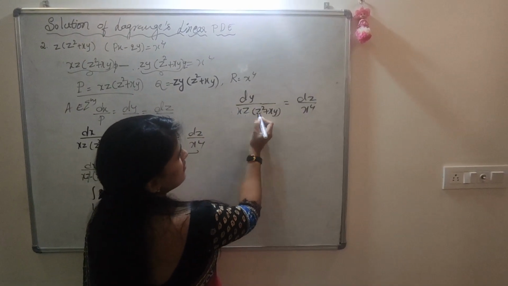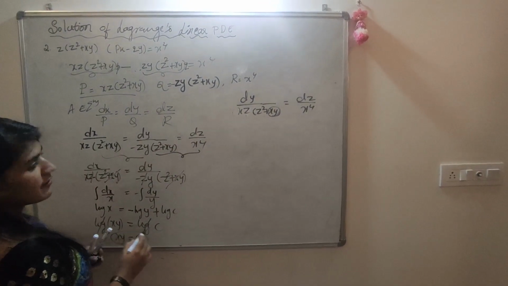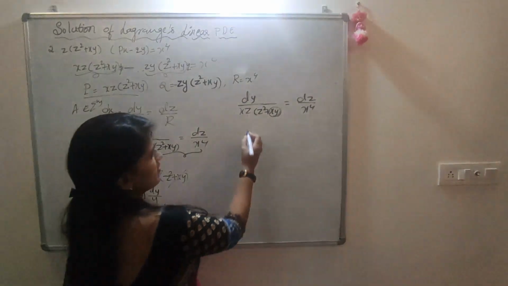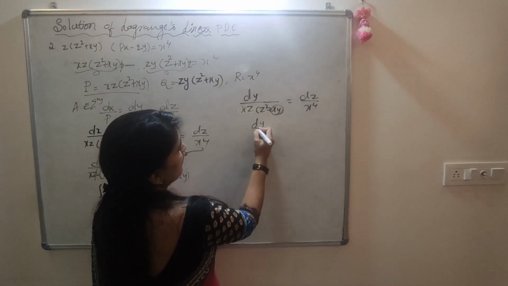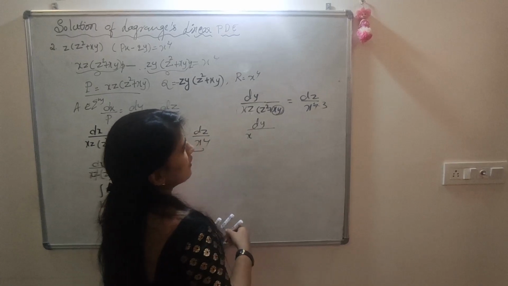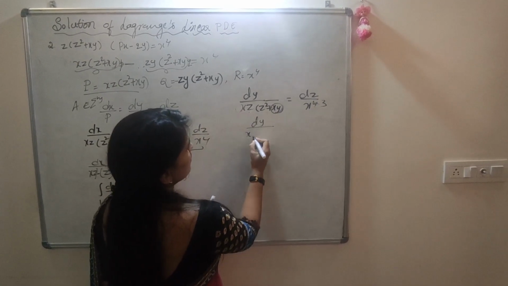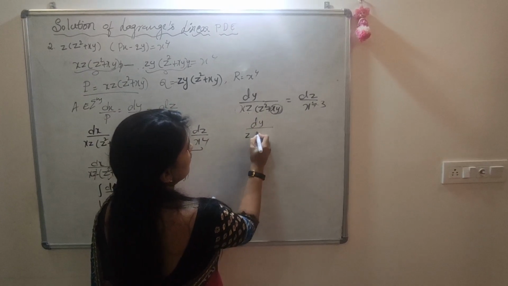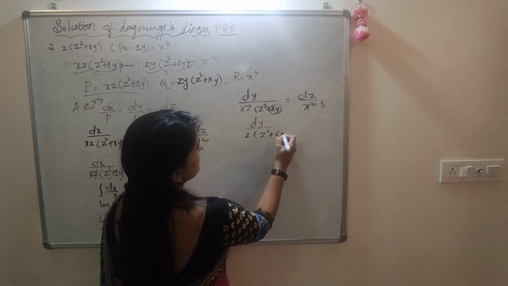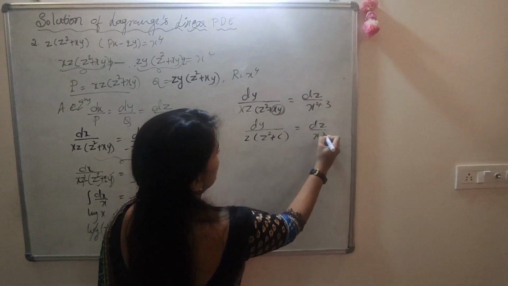Now here you can see xy is there. This xy I will replace by c1, some constant from the previous result. So dy divided by x, and here cube. So one x gets cancelled in the dz by x power 4 term. So remaining is z of z square plus some constant c is equal to dz by x cube.